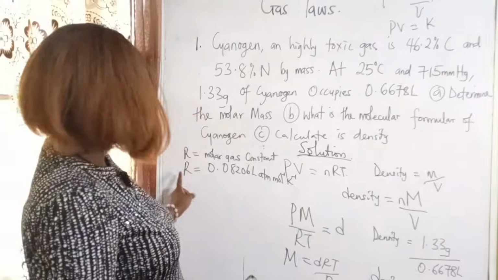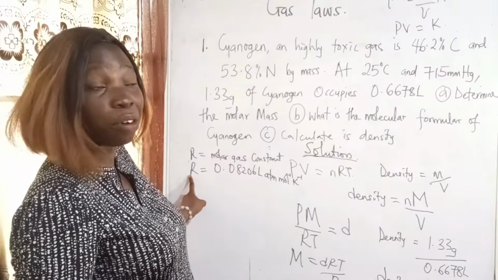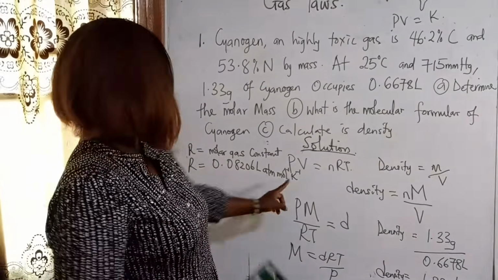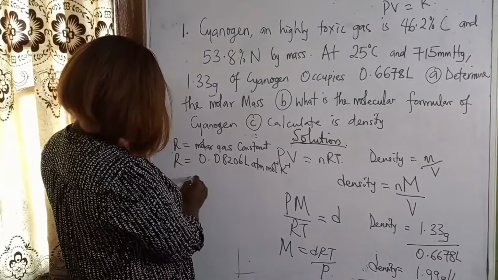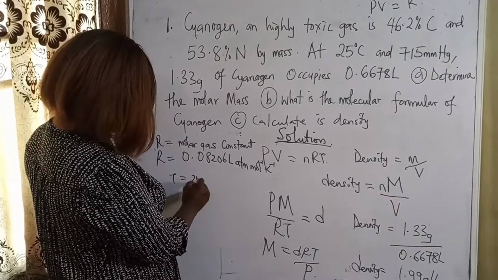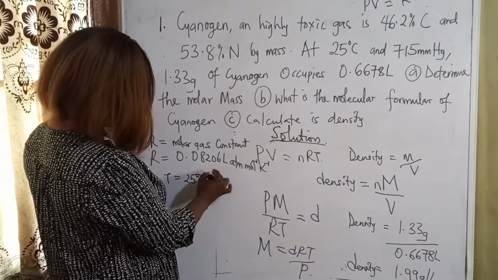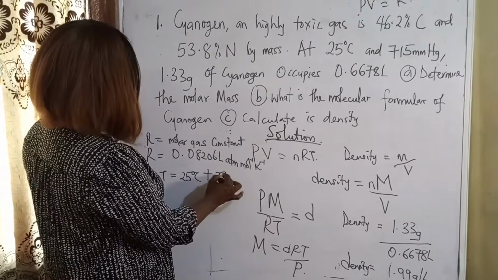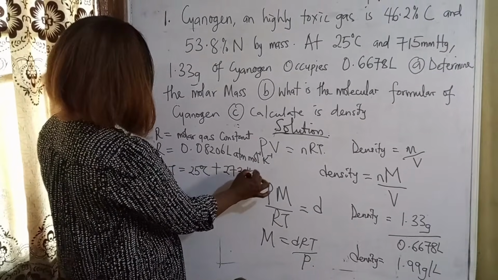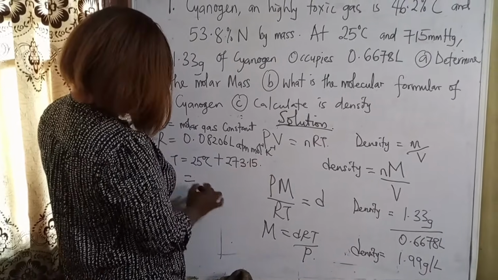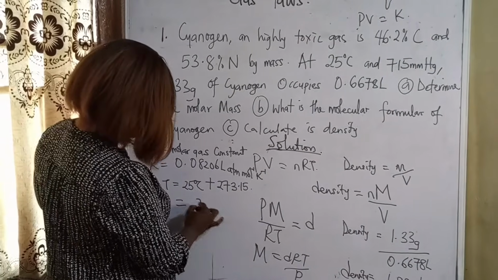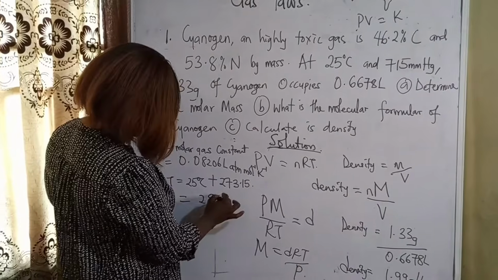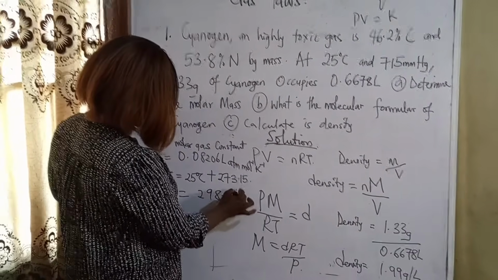Kelvin, because the unit of R in temperature is in what? Kelvin. So the temperature, which is 25 degrees Celsius, will be converted to Kelvin by adding 273.15, and this value will be given to us as 298.15 Kelvin.